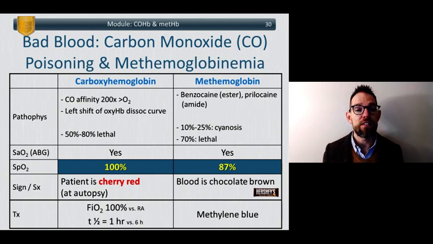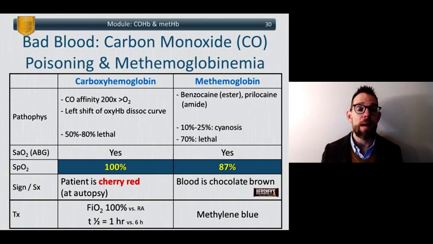The diagnosis for this is going to be using 4-wavelength or co-oximetry instead of dual wavelength pulse oximetry to diagnose the presence of carbon monoxide and be able to tell that they have carbon monoxide poisoning.